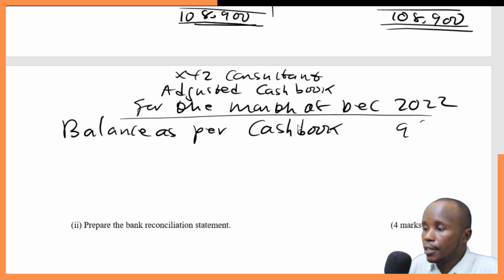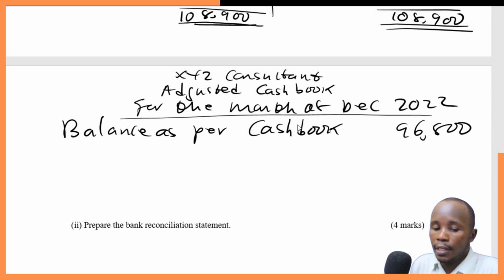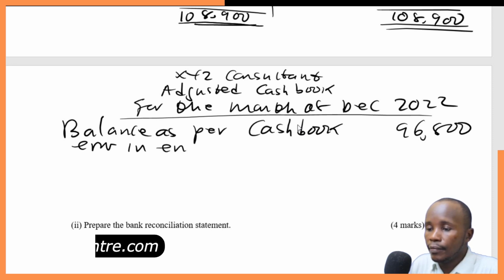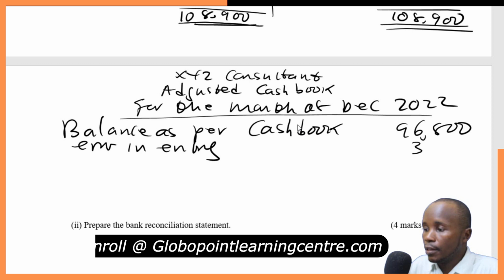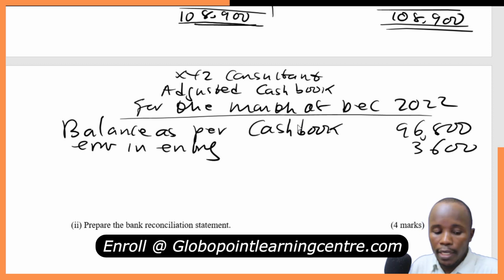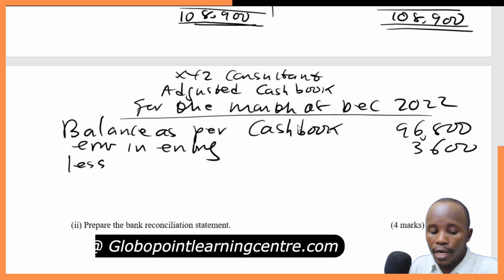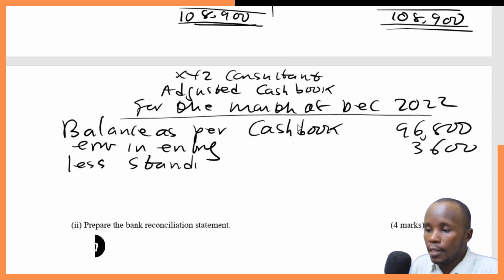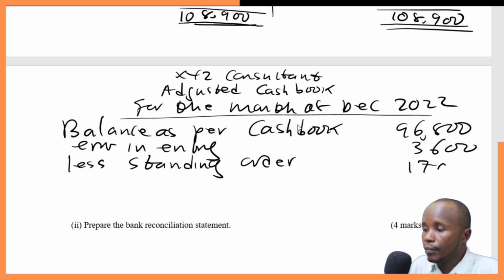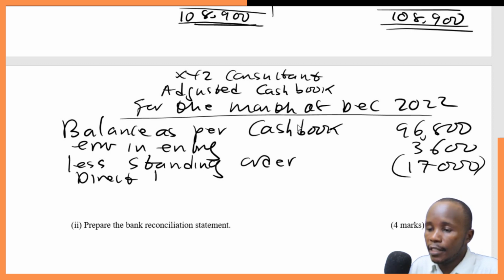It is 96,800. Then there is an error in entry, 3,600. There is less standing order of 17,000. There is direct deposit. This one you put negative. Direct deposit, 8,500.